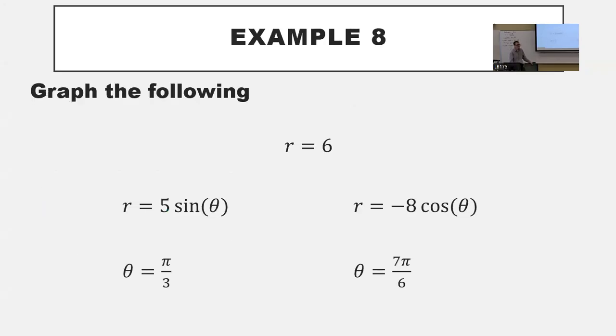So we're going to use our graphing calculators to graph certain things in polar form. We'll graph these things: r equals 6, r equals 5 sine theta, r equals -8 cosine theta, theta equals pi over 3, theta equals 7 pi over 6.